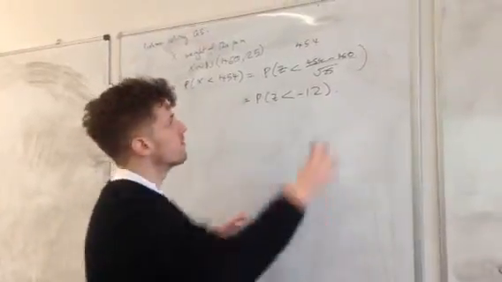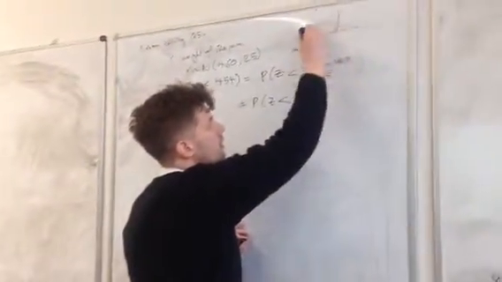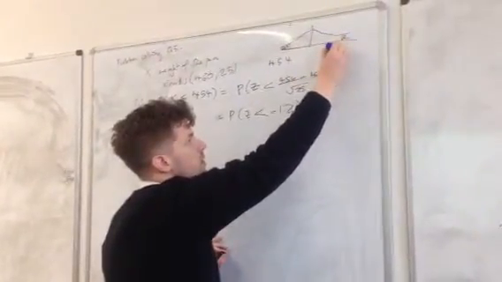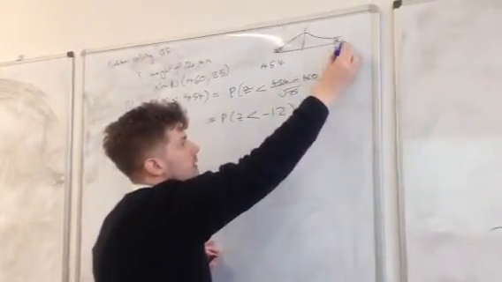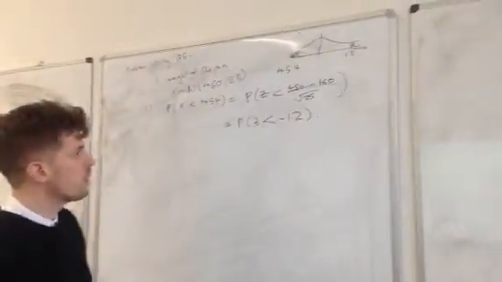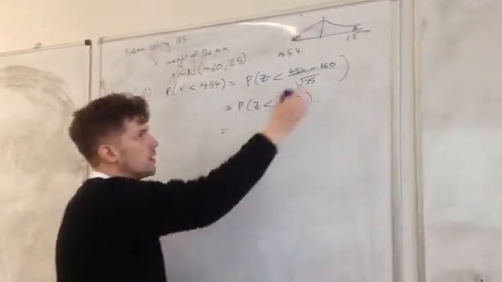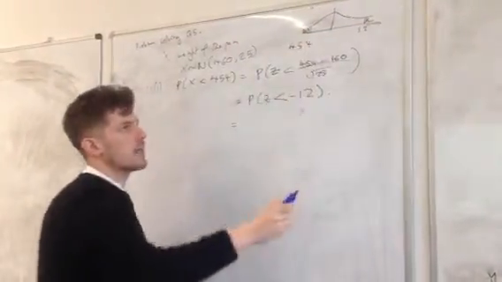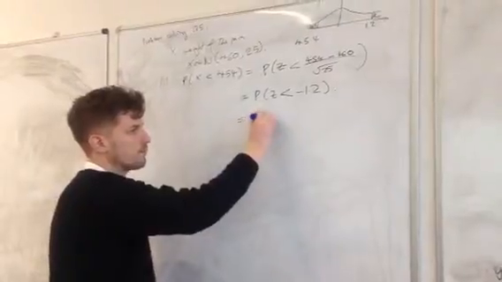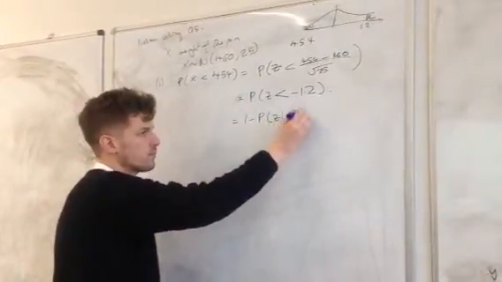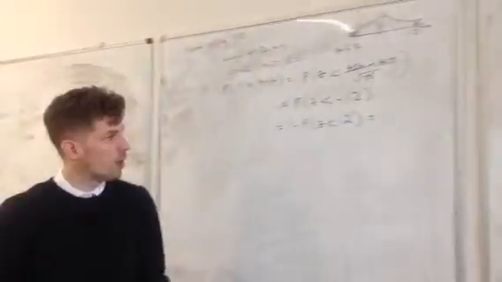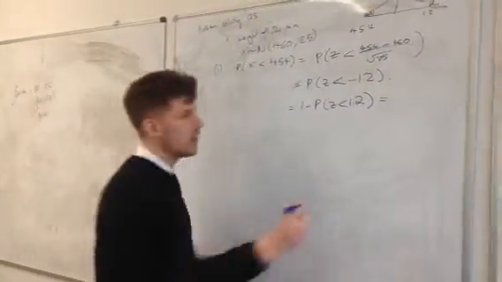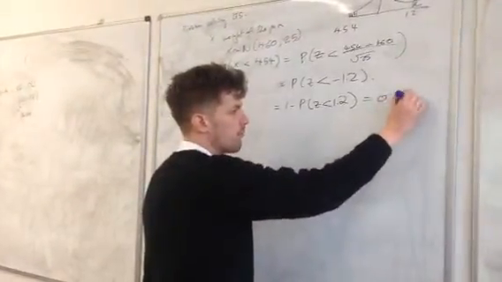The probability that Z is less than minus 1.2 is this region here, which is the same as this positive region, the probability that Z is more than 1.2, which is 1 minus the probability that Z is less than 1.2. If we look this up in our table and subtract from 1, we get an answer of 0.1151.